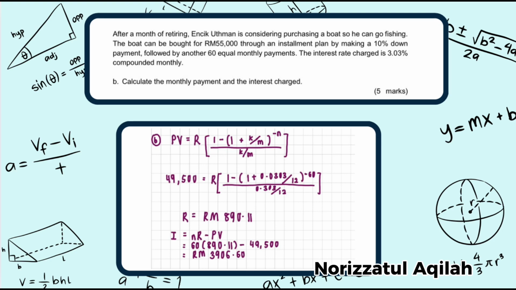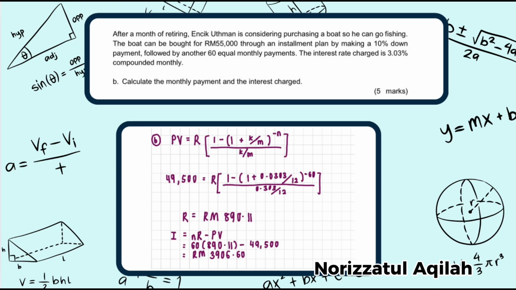So, we need to use the formula below and we need to find the R first. Here we got PV equal to 49,500 ringgit, K is 0.0303, M we got 12 and N equal to 60. So after calculating, we got R equal to 890 ringgit 11 cent.